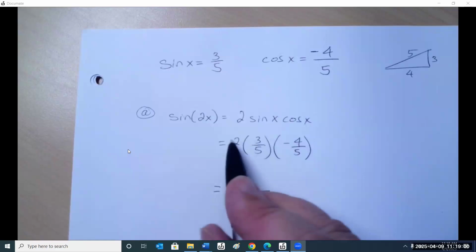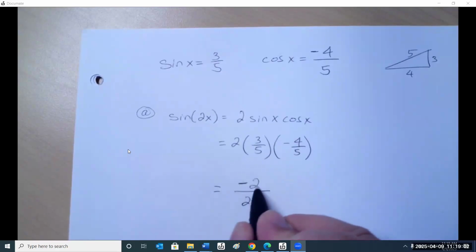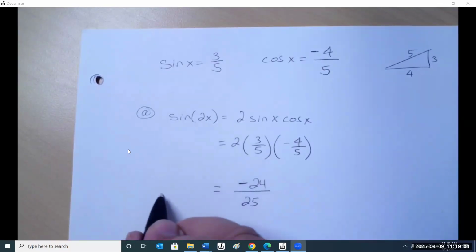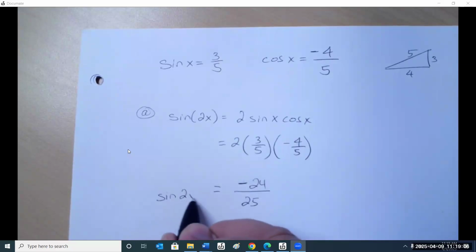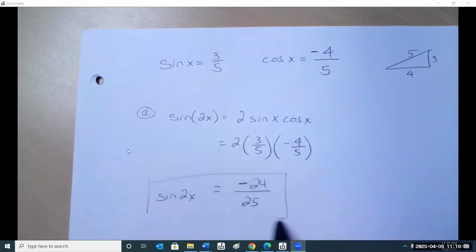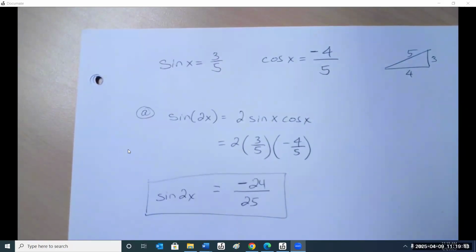Four times 3 is 12, and so it's negative 24 over 25. And do the same thing with cosine now.